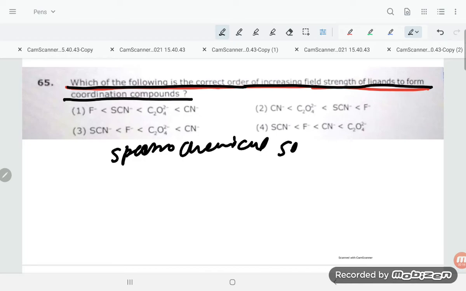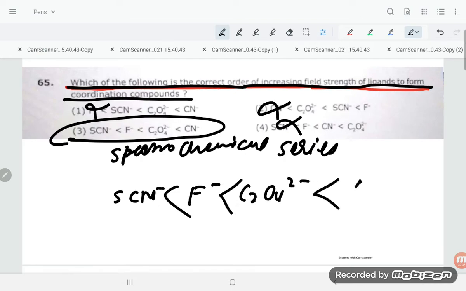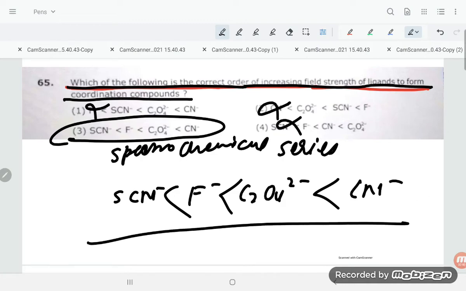From the spectrochemical series, SCN is there, this is wrong. This is also wrong, so the correct option is this one, student. Firstly the order is SCN weaker, then fluorine will come, then oxalate ion C2O4 2 minus, then CN minus. This is the strength order. Whichever is the strongest, you can see CN is the strongest.